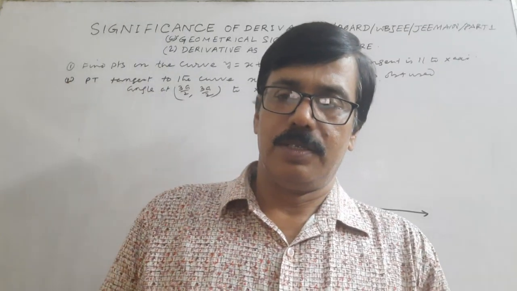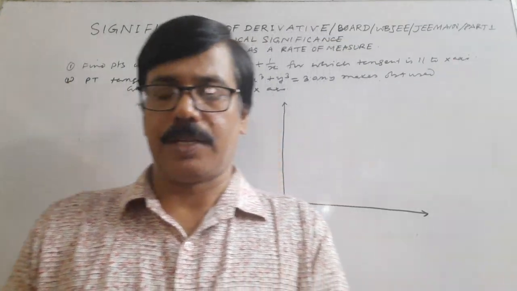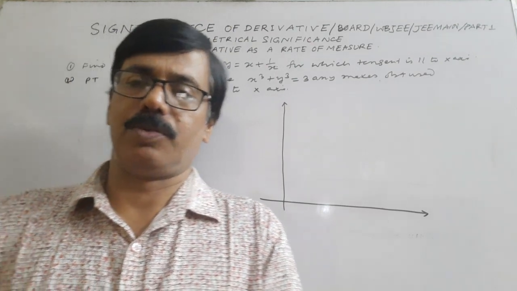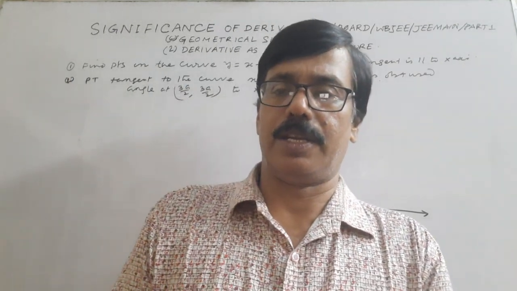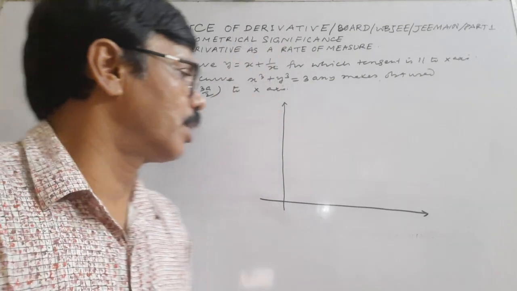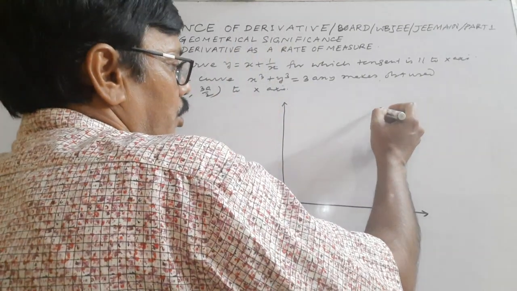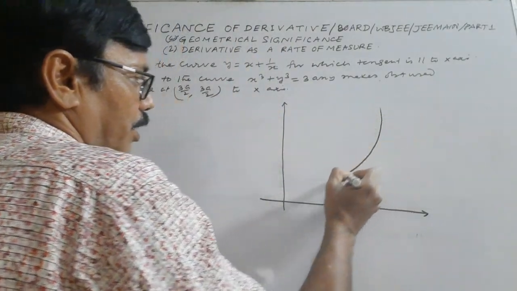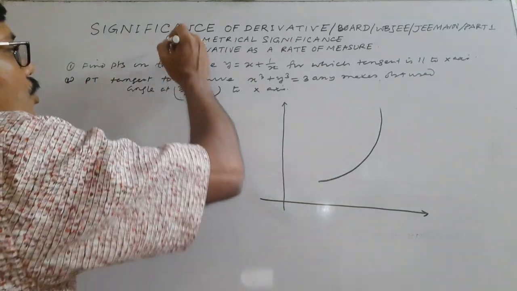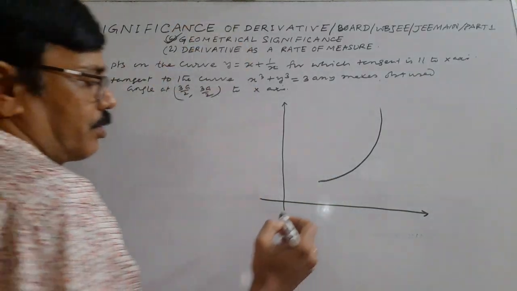Number one, geometrical significance of derivative. Number two, derivative as a rate of measure. Today I will discuss the geometrical significance.